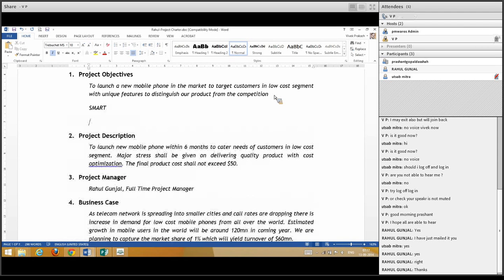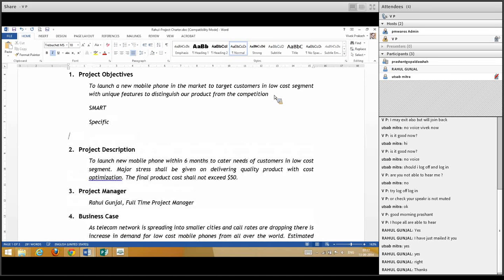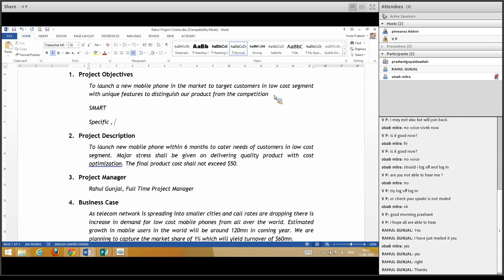You understand, right? I think most of you understand, right? S is specific, right? Can you help me making this? What does M stand for?